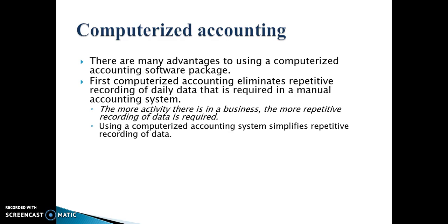The more activity there is in a business, the more repetitive recording of data is required. Using a computerized accounting system simplifies repetitive recording of data, and that's the beauty of QuickBooks.